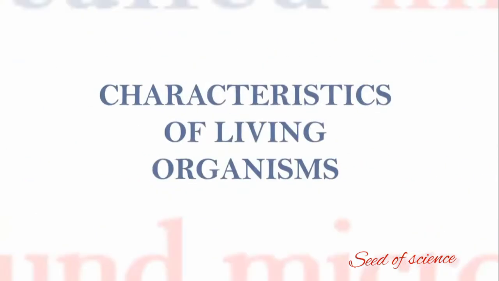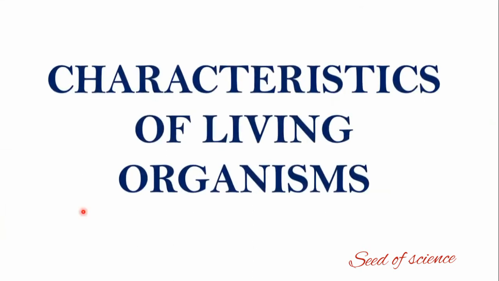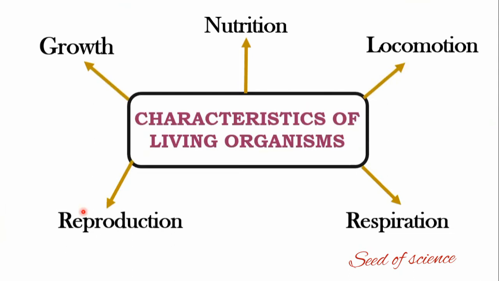Okay. Now let's move on to the characteristics of living organisms. As it is living, how does it differ from the non-living? Let's see what the characteristics of living organisms are.